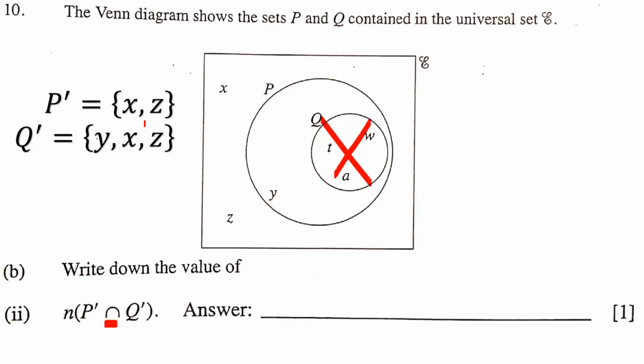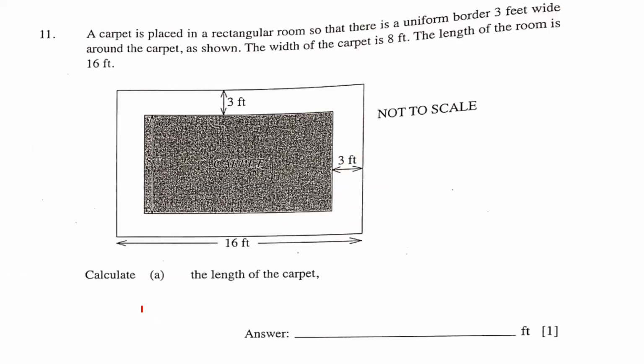Well, these 2 sets have X in common and Z in common. And so that means that P complement intersect Q complement is actually X and Z. Only those 2 elements are inside that set. So the number of elements that are in P complement intersect Q complement is actually 2. And so the correct answer is 2.